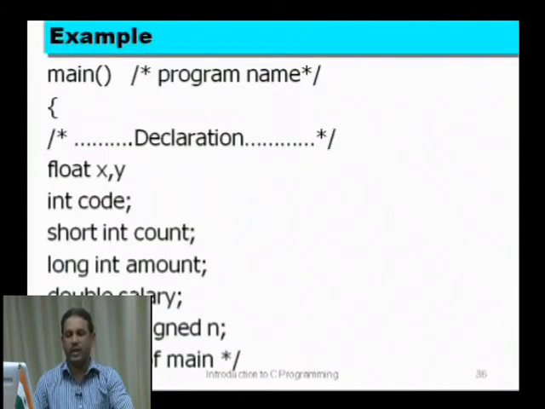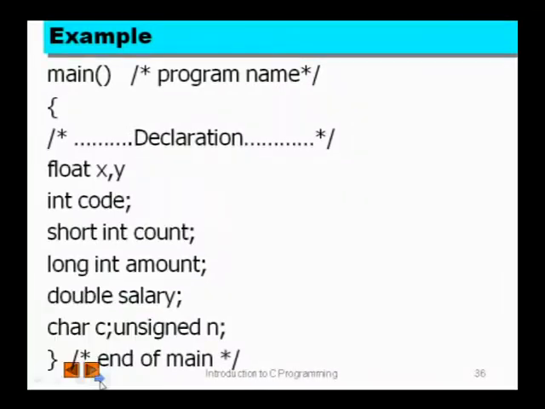Now we can see one example of how we have declared variables. Main is a program, and this is nothing but a comment; you can put your program name here. Then the declaration: float x, y, so x and y are variables of type float. Code is of type integer.